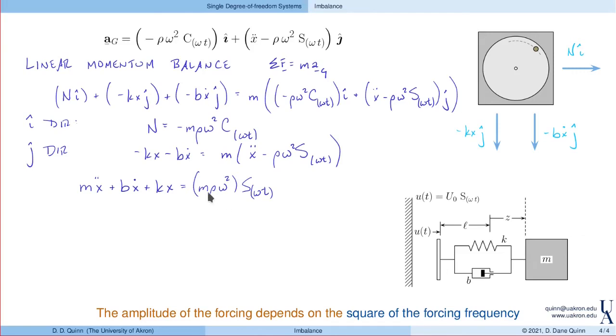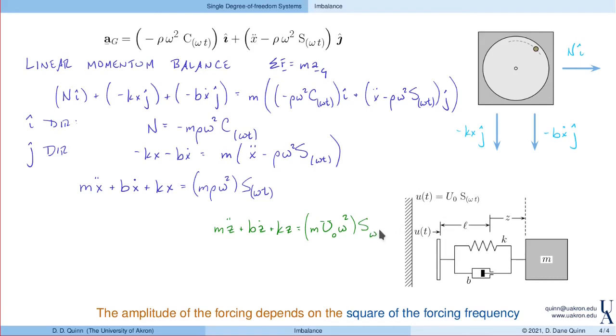Now, this looks very similar to our base excitation problem. Let me remind you what that was. In terms of our relative displacement z, we obtain the equation for base excitation as m z double dot plus b times z dot plus k times z is equal to m u naught omega squared sine omega t. Here u naught is the amplitude of the base motion, and omega is the frequency of the base motion.